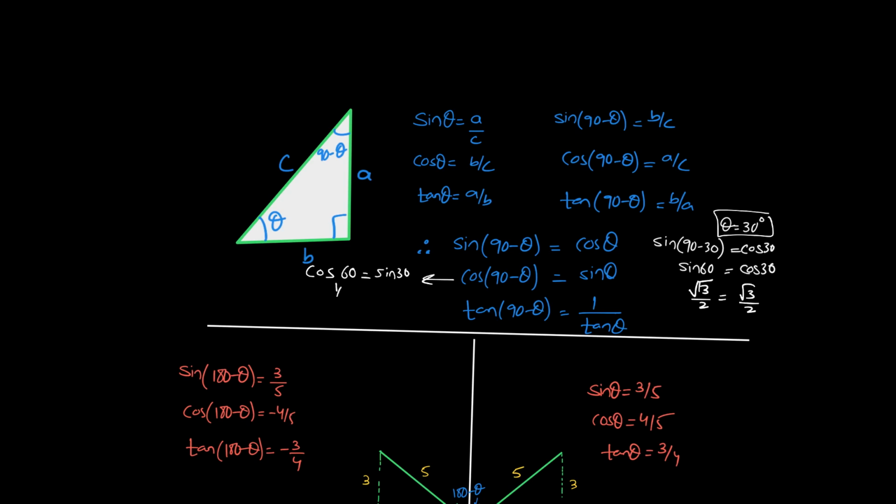So cos 60 is half and sine 30 is half. And for tan, tan 90 minus 30 is tan 60 and that equals 1 upon tan 30. Tan 60 is root 3 and 1 upon tan 30 is 1 over 1 over root 3, which is also root 3.